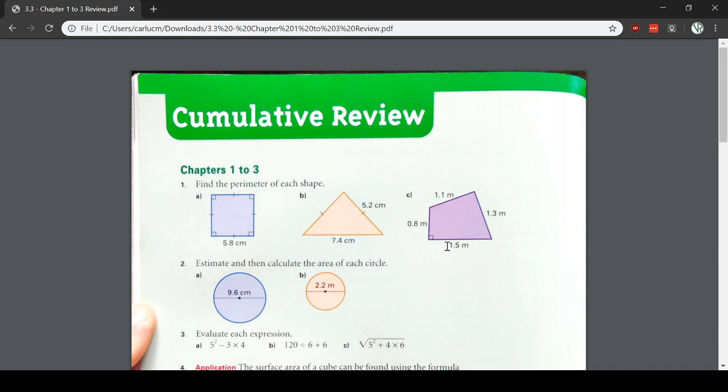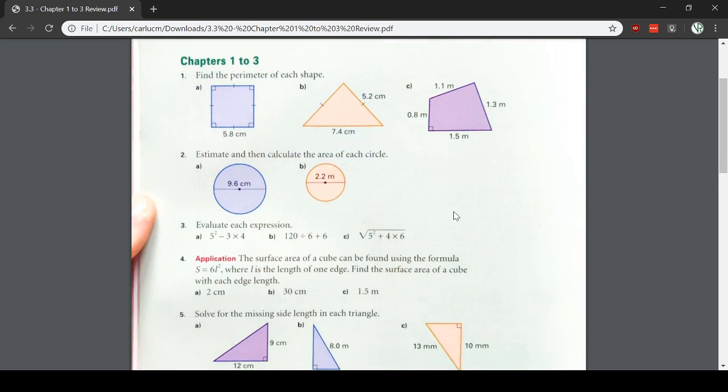Working with the next set of questions, we're working on some area, and we want to estimate and then calculate the area. So taking a look at part A, we have 9.6 centimeters. We want to get the area. So the area formula is pi r squared.